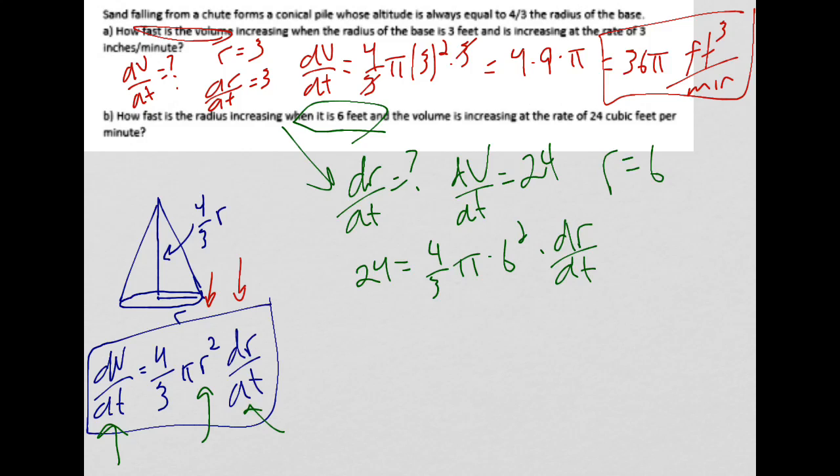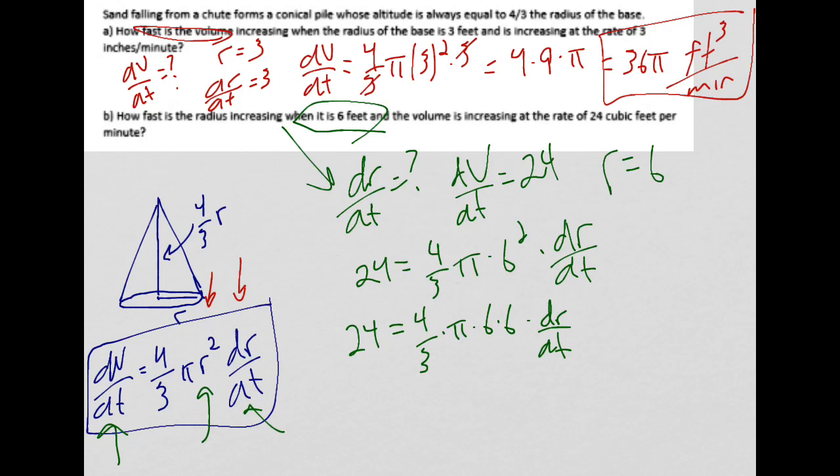This is all doable without a calculator. I'm going to do it the way I would do it without the calculator. You can simplify it in different ways, but this is the way that I think is probably the easiest. So I'm going to rewrite this as 24 equals 4/3 times pi times 6 times 6 times dr/dt. I want to keep the numbers as small as possible, so I'm going to separate them out.